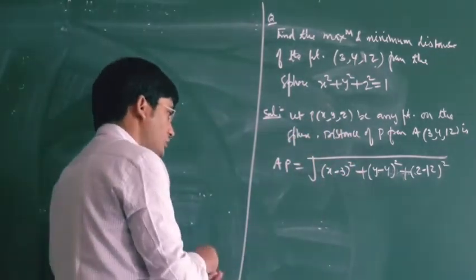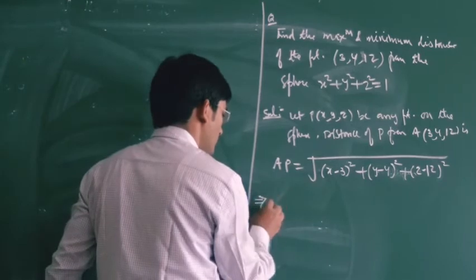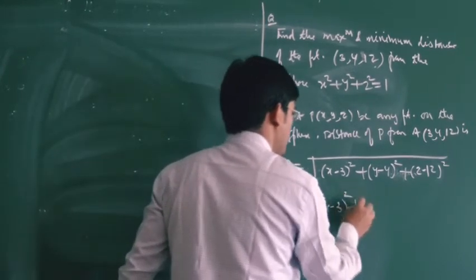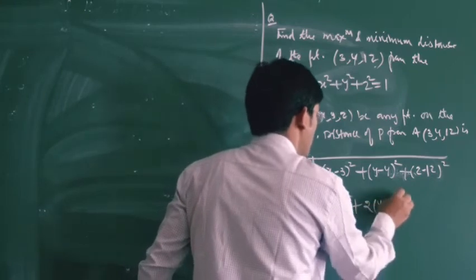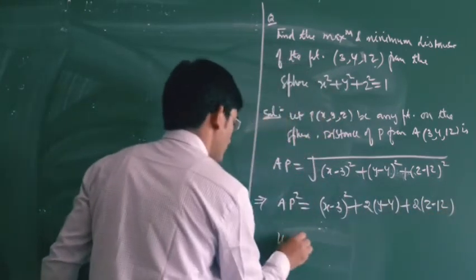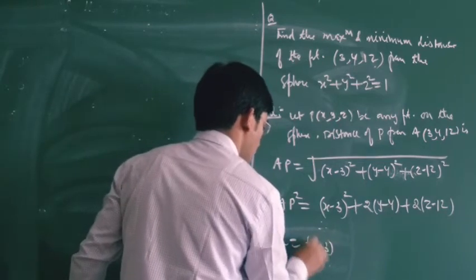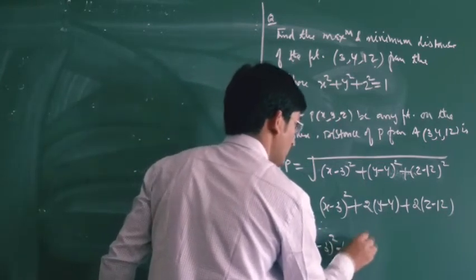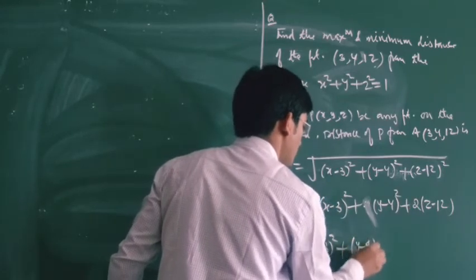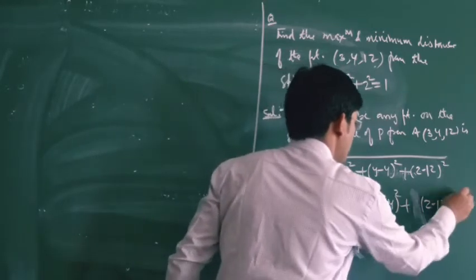Now your AP whole square will be x minus 3 whole square plus y minus 4 whole square plus z minus 12 whole square, and say this value is u.